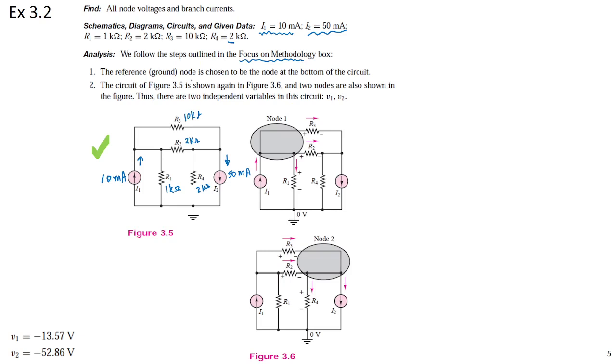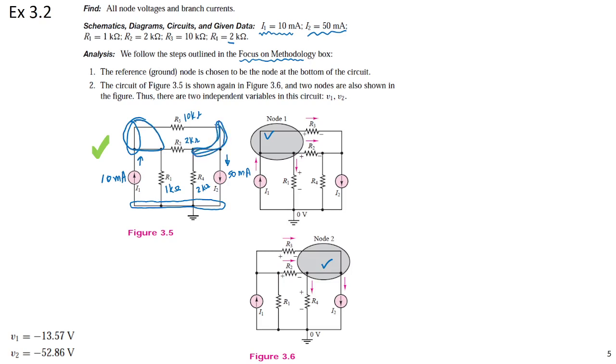The reference ground node is chosen here. We choose the ground node first. Then we remain with two nodes: node 1 here, and node 2 here.